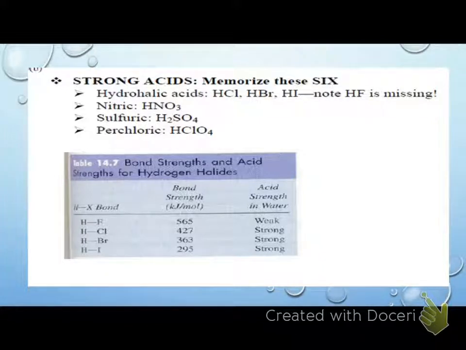Yes? So these are like the only strong acids and all the rest are weak? Yep. There's basically only 6 strong acids and the rest are weak. So 6 things are not hard to memorize, are they? Some schools say it is, and some schools say it's not.